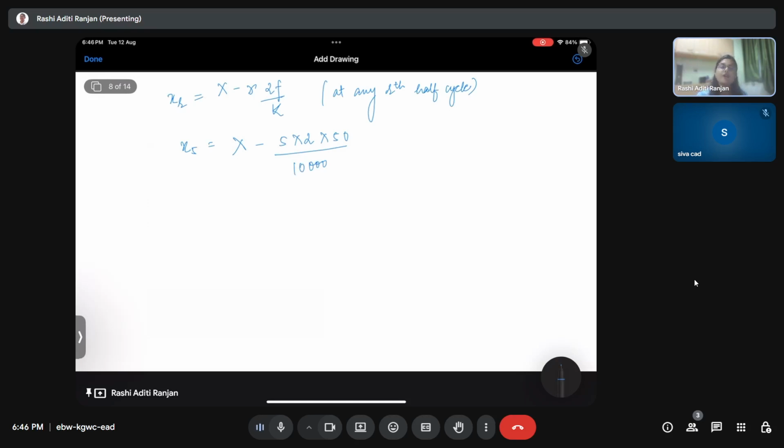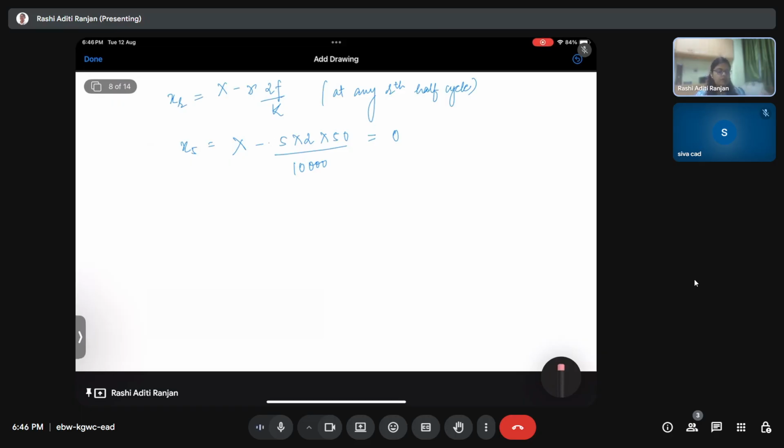Anyways, for 4.5 and above, this is going to be what? If you see it clearly, it should be 4.5 over here. And if I use 4.5 over here, I'm going to get what? I'm going to get x5 is equal to 0, right? It will be 0, right?